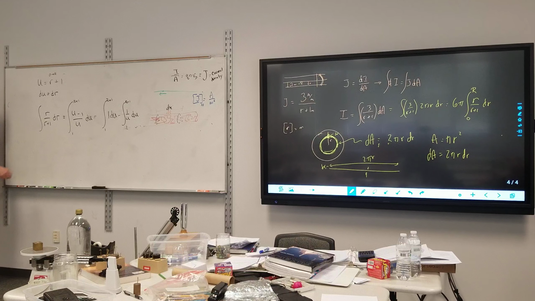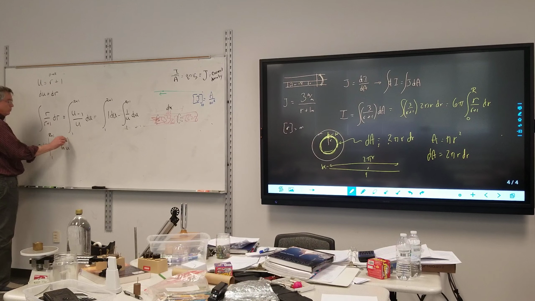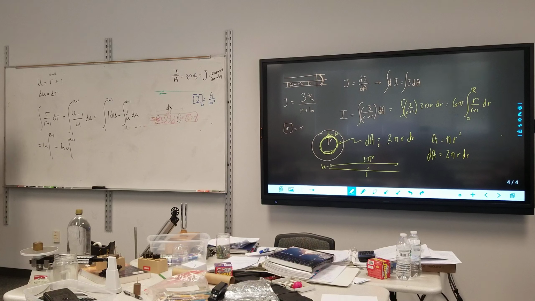Integral of du is u, so that's u from 1 to R plus 1, minus the integral of 1 over u, which is ln u, natural log of u from 1 to R plus 1. And I still have that 6 pi over there, which I stopped writing.